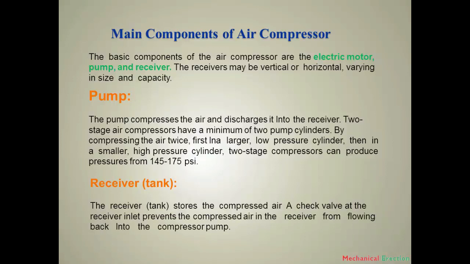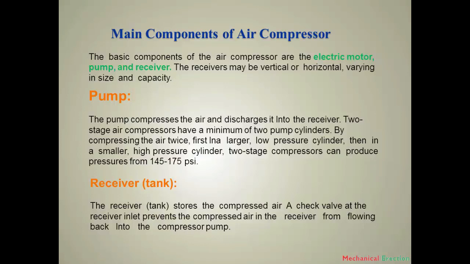The last main part of the compressor is the receiver. Mainly it's a tank. The receiver stores the compressed air. A check valve at the receiver inlet prevents the compressed air in the receiver from flowing back into the compressor pump. The valve must be operating, otherwise the compressed air flows back into the pump.